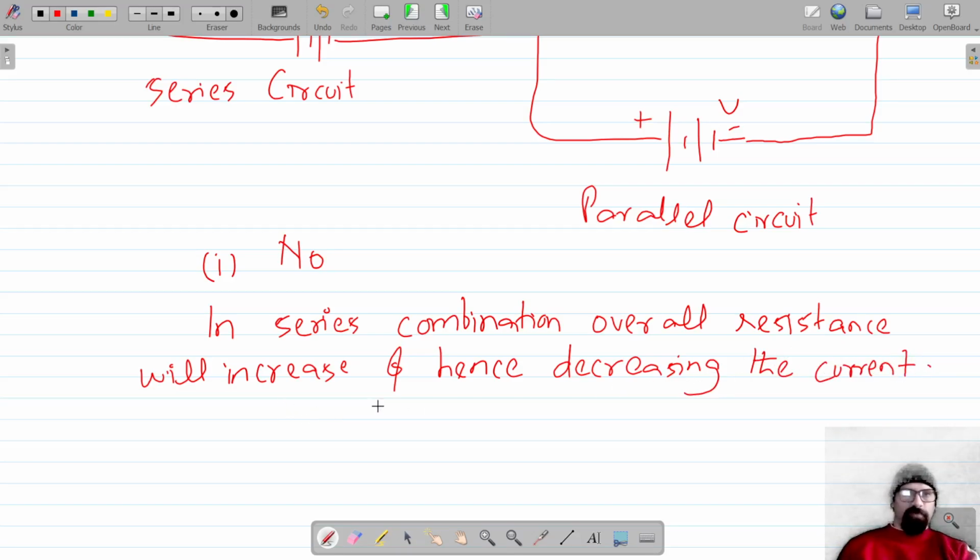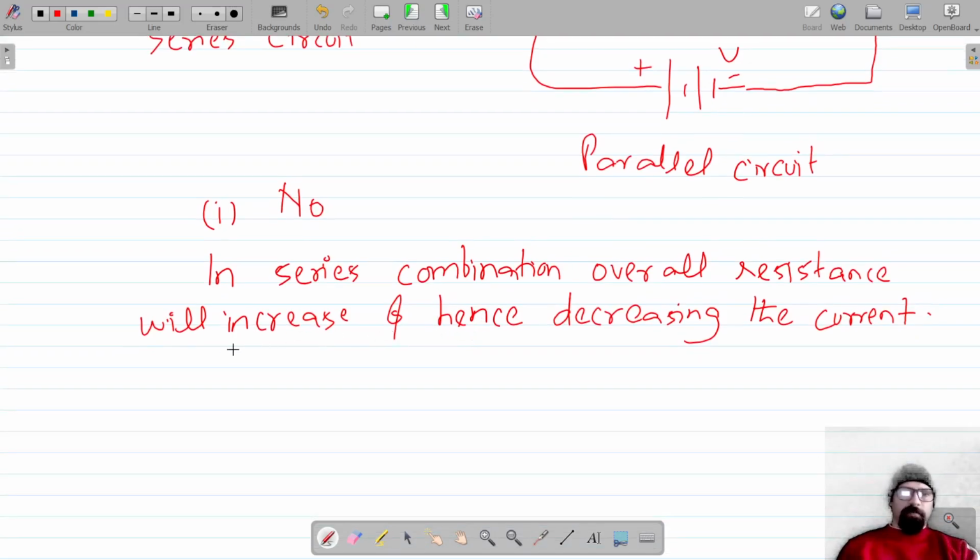So that means if it decreases the current, then the potential difference also divides.